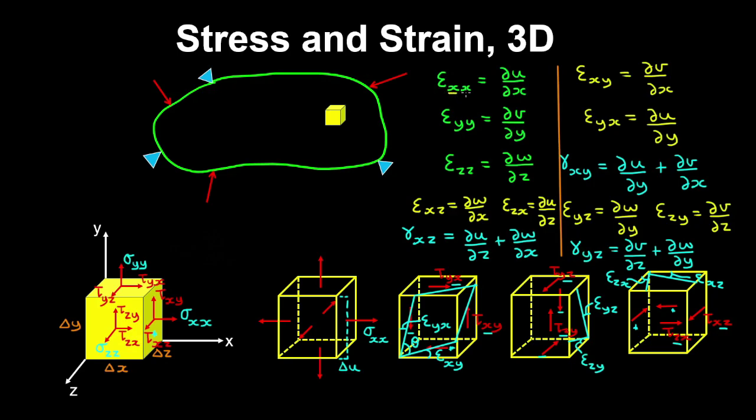So given that these subscripts describe two directions, strain is a tensor quantity, and so is stress. So we can write them conveniently in matrix form. So on the diagonal, we have the axial stresses, and in the first row, we have the shear stresses acting on the face with the normal in the x direction.